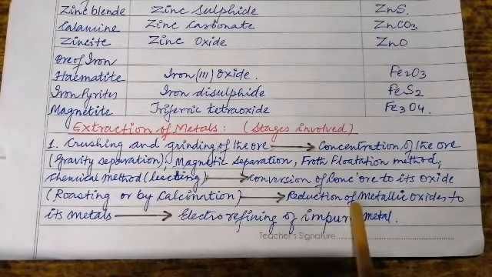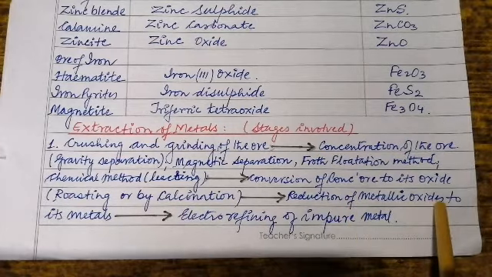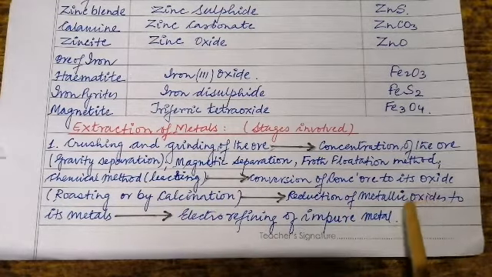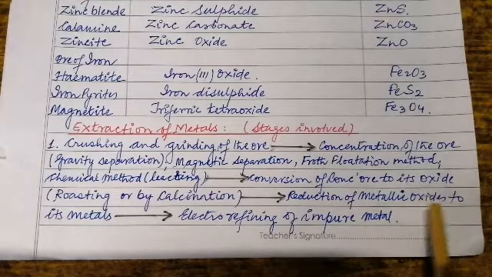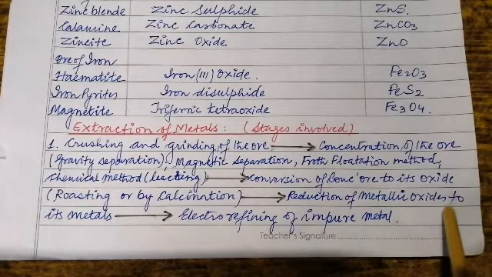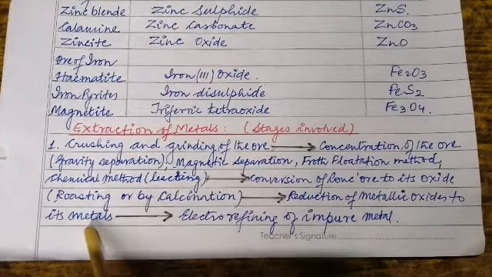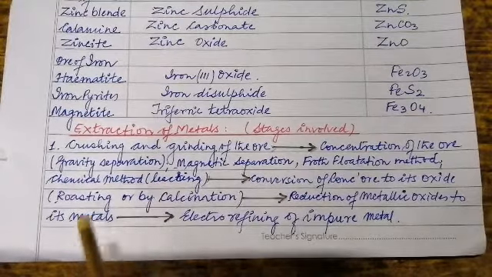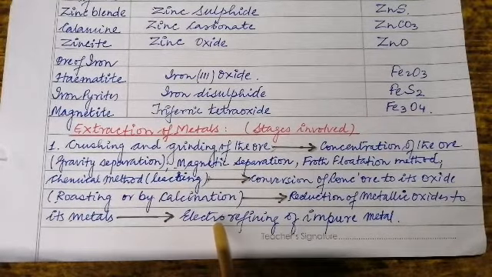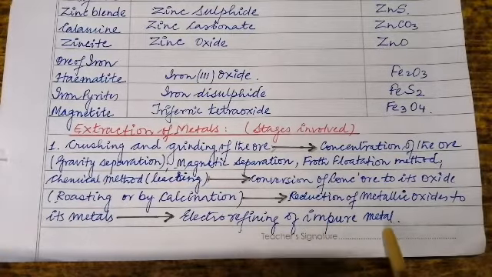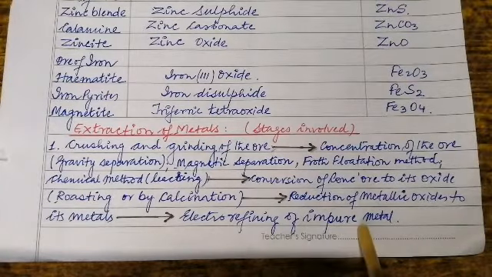This can be done by using conventional reducing agents like hydrogen, carbon monoxide, or heating with coke. Or you go for electrolytic reduction. Finally, you obtain the metal and then electro-refining of impure metal in order to obtain pure metal.